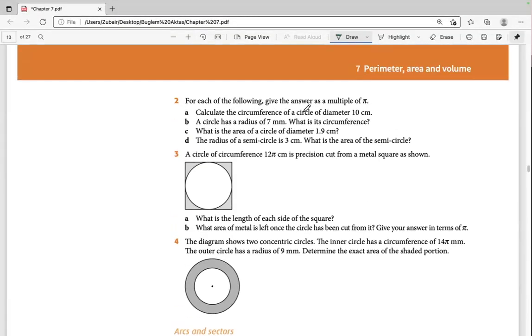For each of the following, give your answers as multiples of pi. Calculate the circumference of the circle with diameter 10 centimeters. Yeah, diameter is 10.